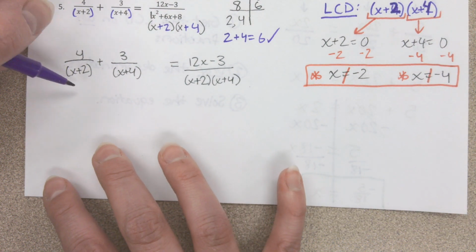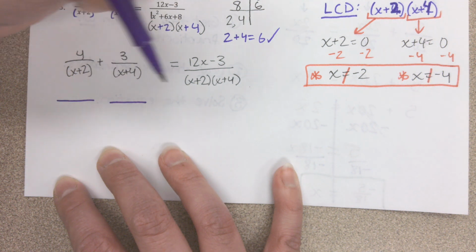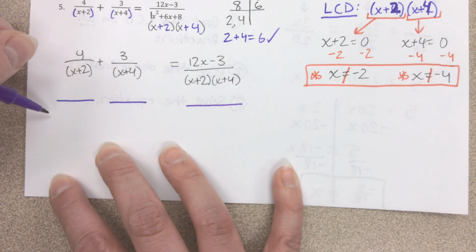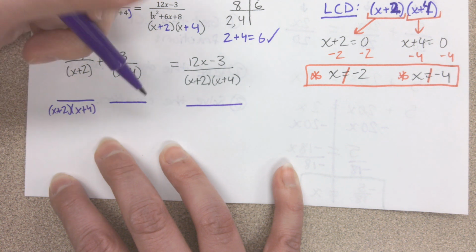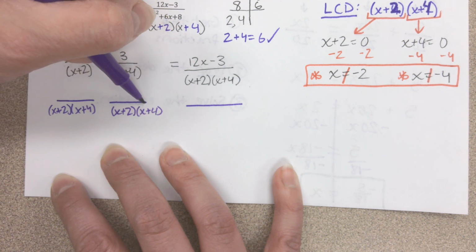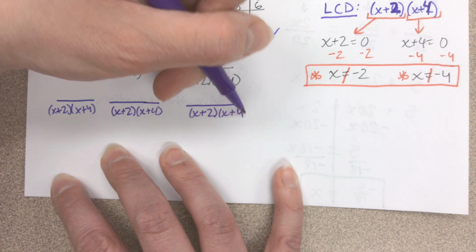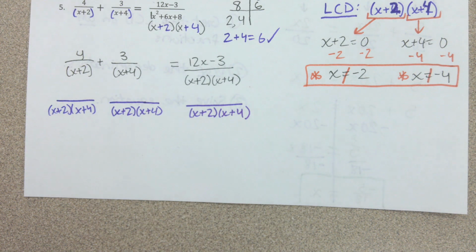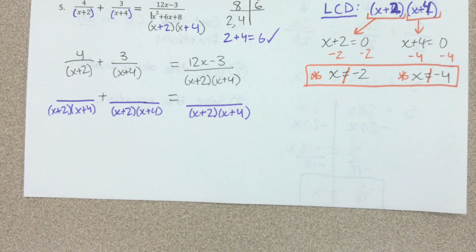Next, I'll create the goal fractions underneath. x plus 2, x plus 4 on all of them. And then the symbols, we have a plus and an equals.